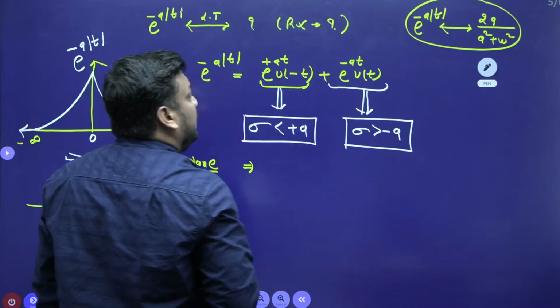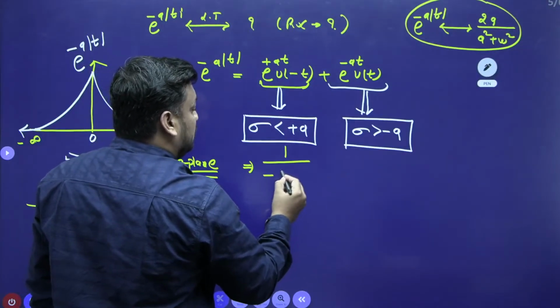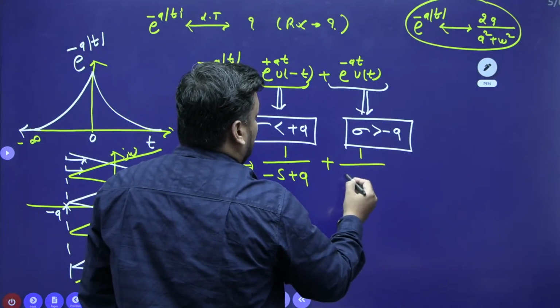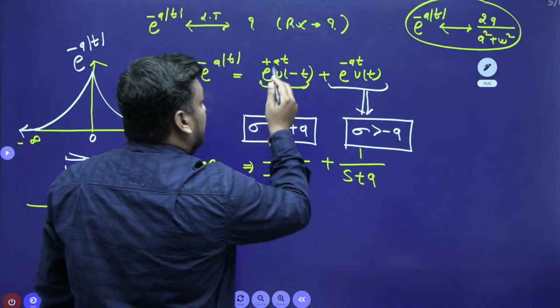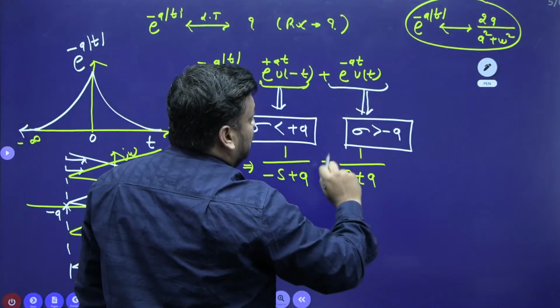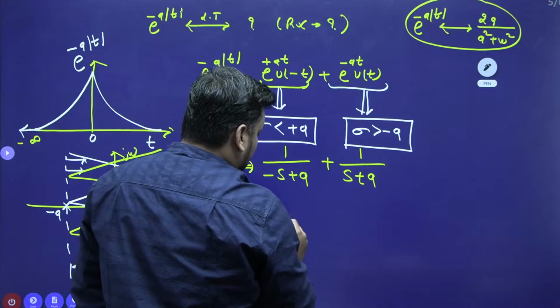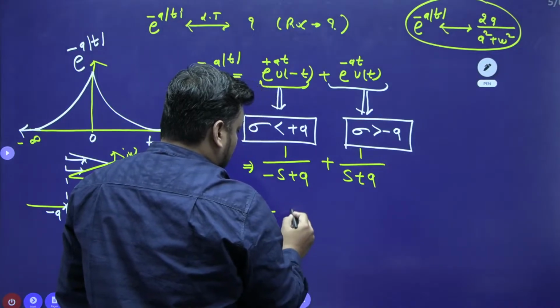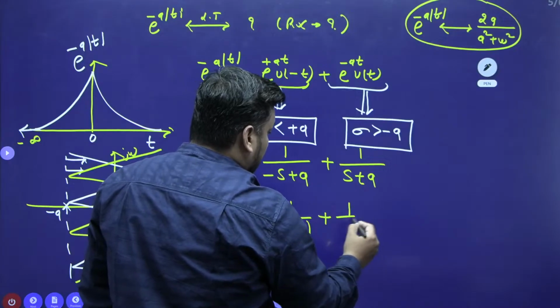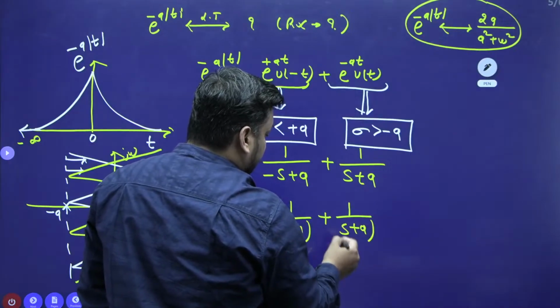The Laplace transform of e to the power at u of minus t is 1 upon minus s plus a, and e to the power minus at u of t is 1 upon s plus a. So when you take the LCM, if you take minus common, you will get s minus a inside the bracket, and for the plus term you will get s plus a.